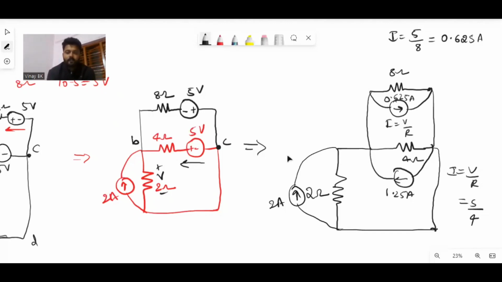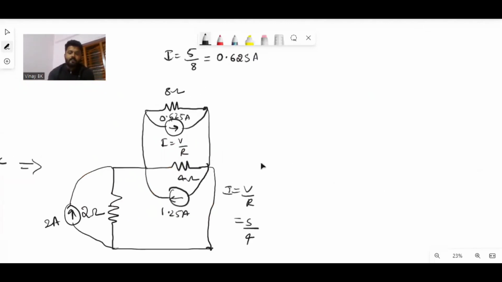So now you remember one thing, whenever you are observing the circuit diagram, that line represents wire. With the help of that, you can easily rewrite the circuit diagram. So before that, I'll get the equivalent resistor and equivalent current source.